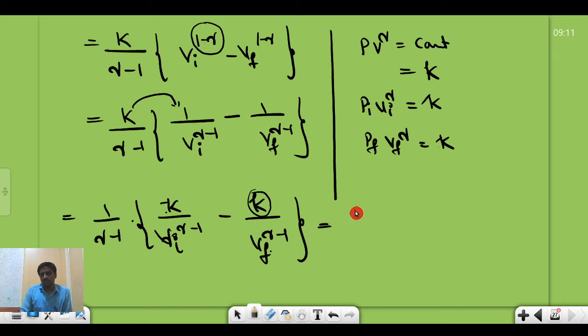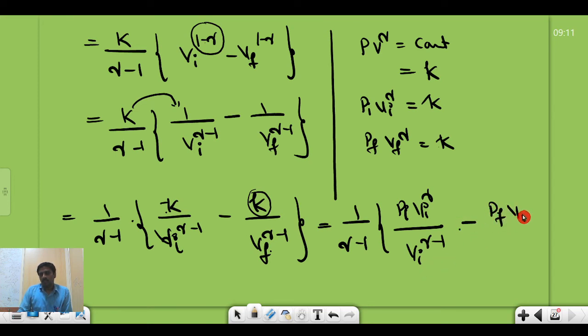Now this formula can be written as 1 by gamma minus 1 bracket open, substituting the initial terms here, that is equal to P initial V initial gamma divided by V initial gamma minus 1, minus P final V final gamma divided by V final gamma minus 1, bracket close. Just I substituted the final value because the denominator term is available.